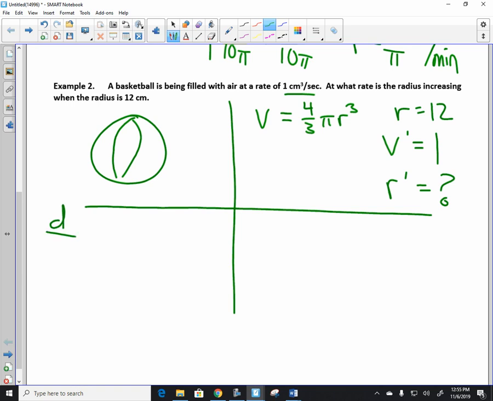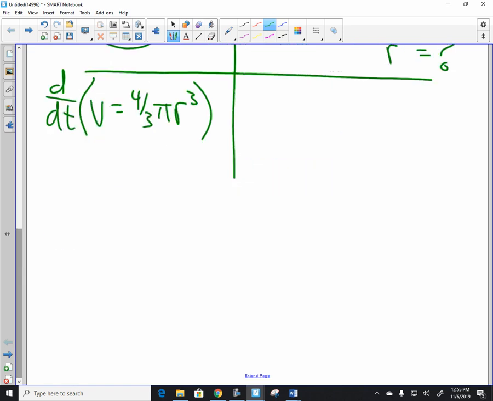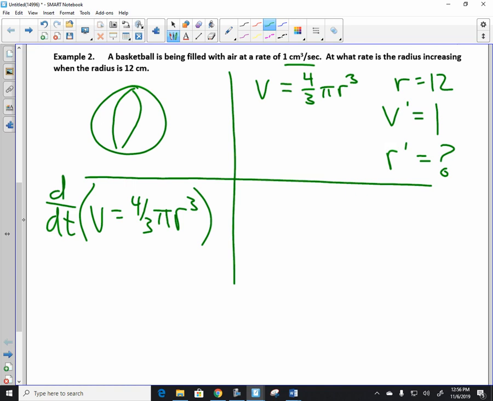I'm going to take the derivative with respect to time of V equals 4/3 pi r cubed. What is the derivative of V? V prime equals, what's the derivative of 4/3 pi r cubed? Rach? 4 pi r squared r prime.